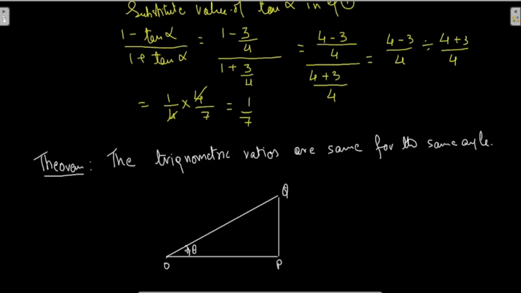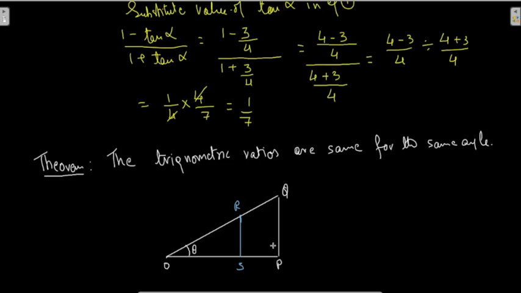Now, what you do is you take some point here, say R, and drop a perpendicular. It's better. Drop a perpendicular, S, RS on OP.